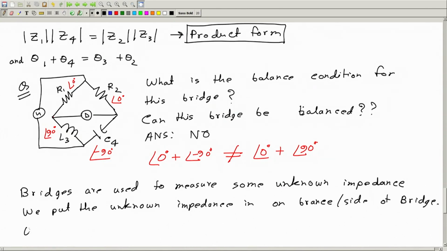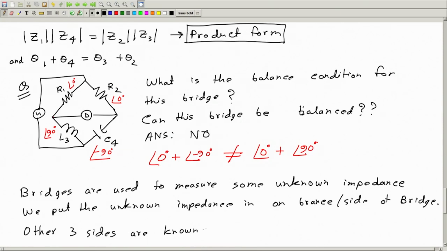Other three sides are known and variable. Not necessarily all three sides are variable, but maybe one or two sides are variable.